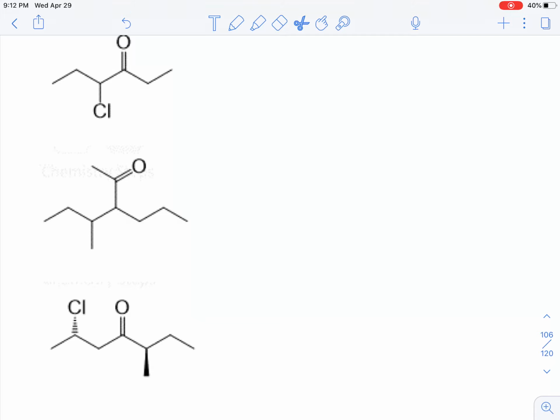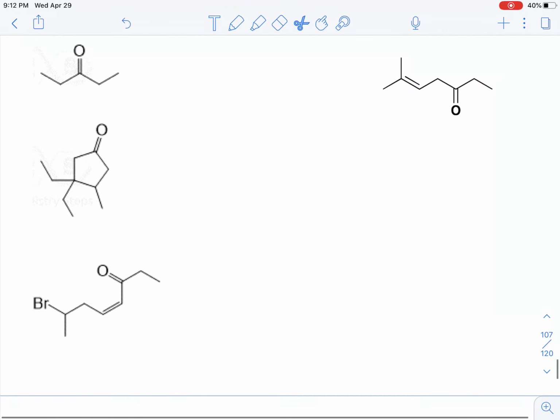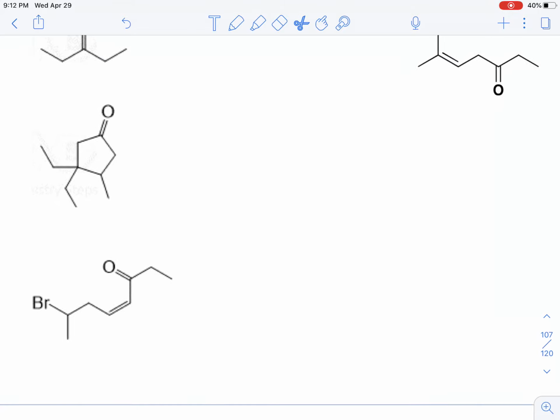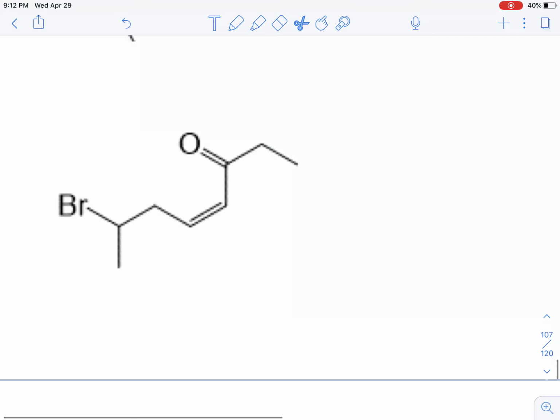There are two more problems I want to do, and it's going to be the one with the alkenes, the double bonds. So let's go ahead and check this out. So same thing, same idea. We're going to figure out the longest carbon chain. 1, 2, 3, 4, 5, 6, 7, 8.